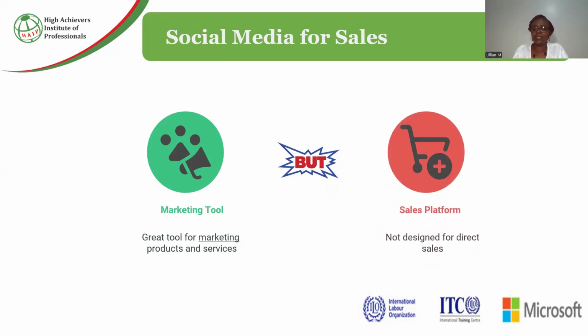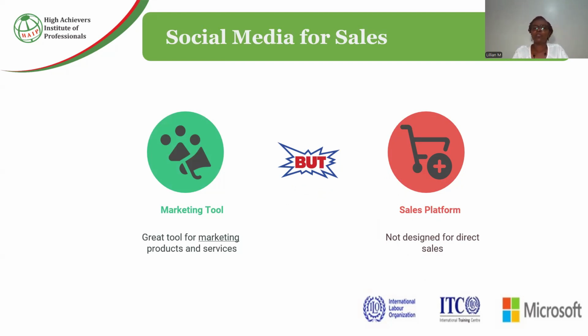However, when it comes to selling, it was not designed as a selling platform per se. You will find that when you're on social media, you can see things that people are selling. But when you want to buy from them, you have to take the conversation off social media. You have to go into their DM, and then go into, say, WhatsApp, and you're talking and agreeing on payment and all that.